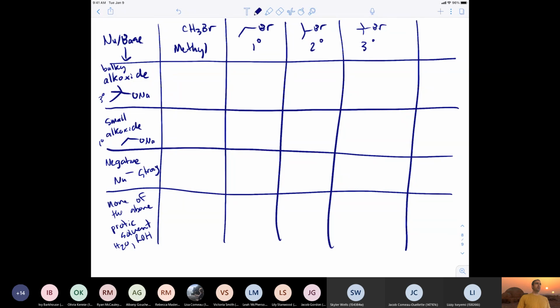Will it ever do SN1? No. Methyl will never do SN1 because SN1 requires a carbocation to be formed, and methyls can't make carbocations either. So methyl doesn't have a whole lot of choice here. No matter what, methyl is going to do SN2.